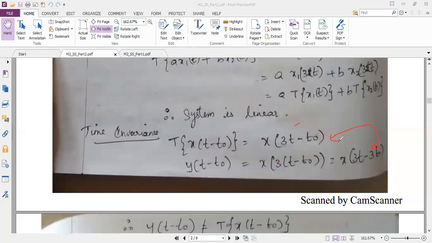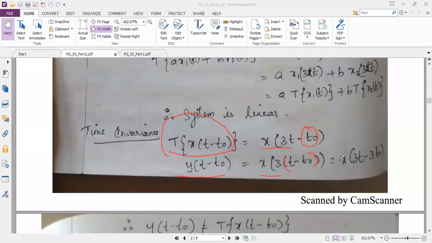So this is a little tricky problem, finding time invariance and linearity. We have to use our presence of mind. What we are doing is using the operator and then writing the expression of x. If you use the operator, it is just minus t naught. In general, if I write y of t as y of t minus t naught, then I will get x of 3 times t minus t naught.